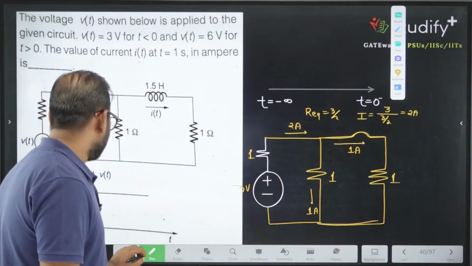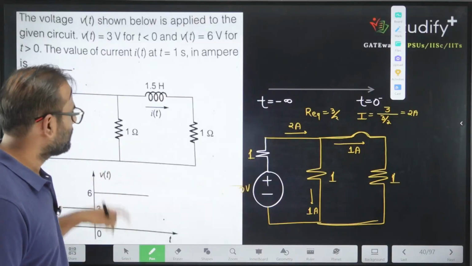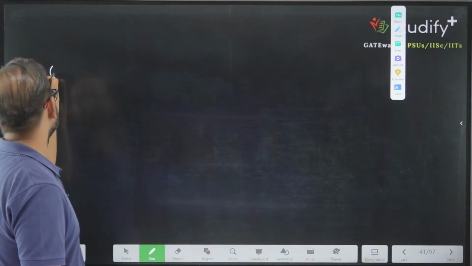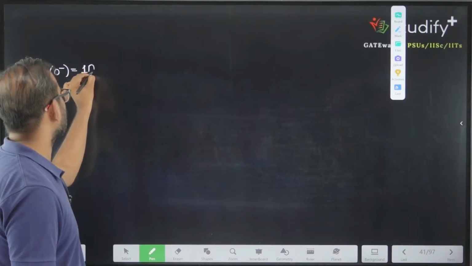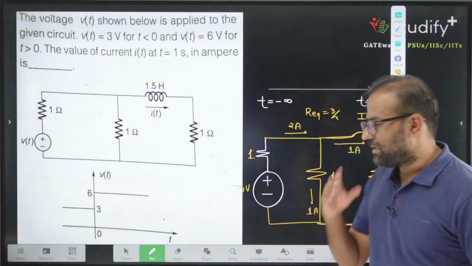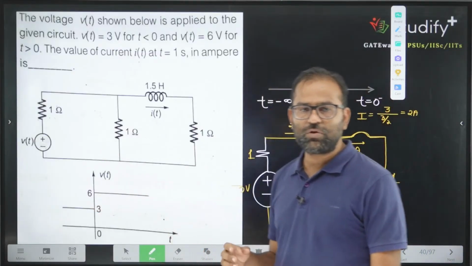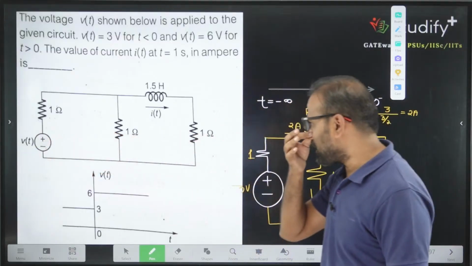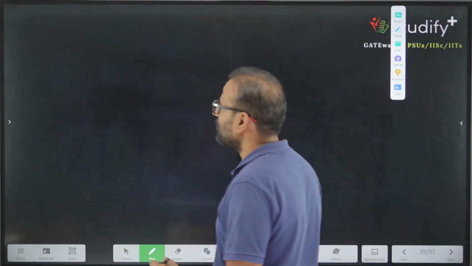So can I say here the initial value of the inductor current IL(0 minus) is equivalent to 1. Now the switch is abruptly changed, meaning the waveform is abruptly changed from 3 to 6. Now you have 6 volt as input to this. So let's take the Laplace transform of this circuit. So what circuit is available to us at t greater than 0?